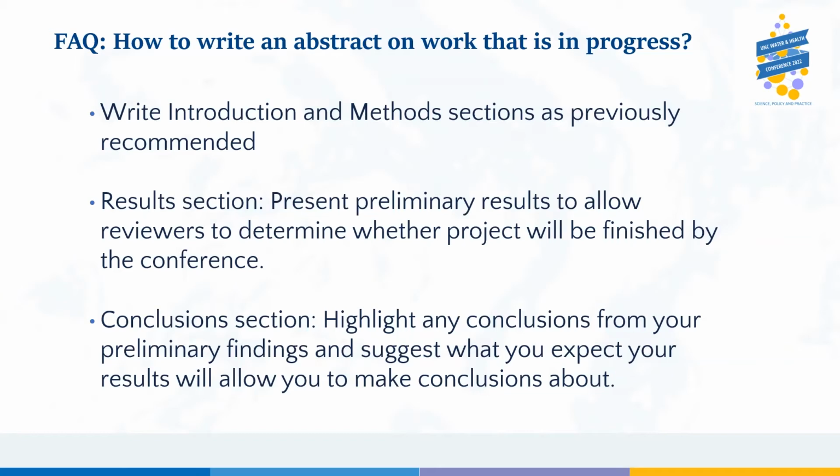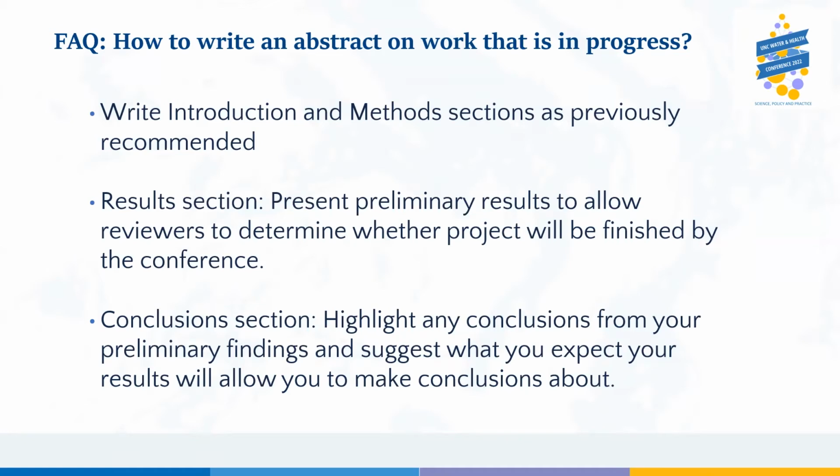And if you have information about how far along you are and what you expect the timeline to be, you can present that as well. So say, preliminary results from the first round of data collection indicate this, the second round of data collection will complete May 30th, and we expect results by X date, so that we feel confident that there will be results ready to present for the conference.